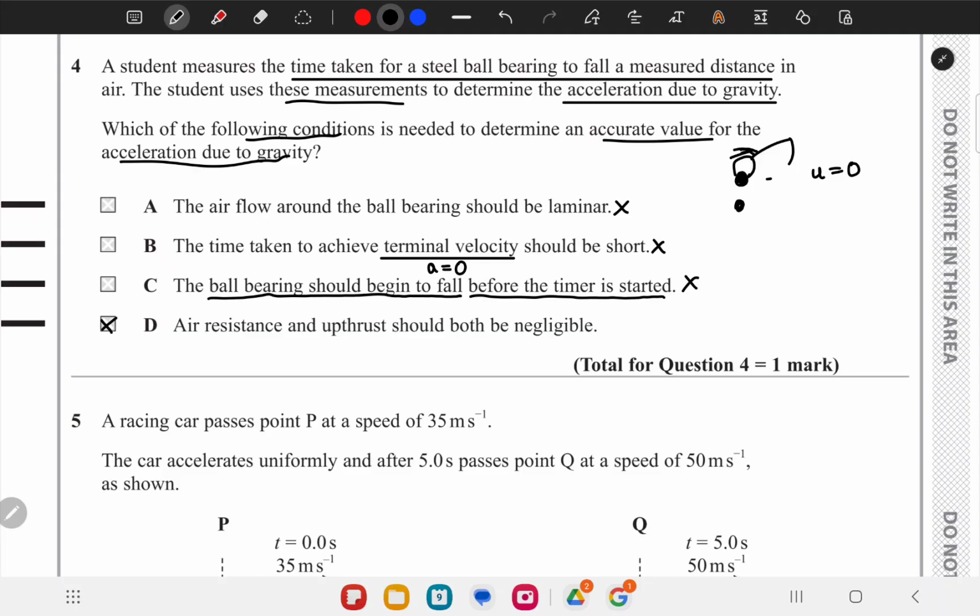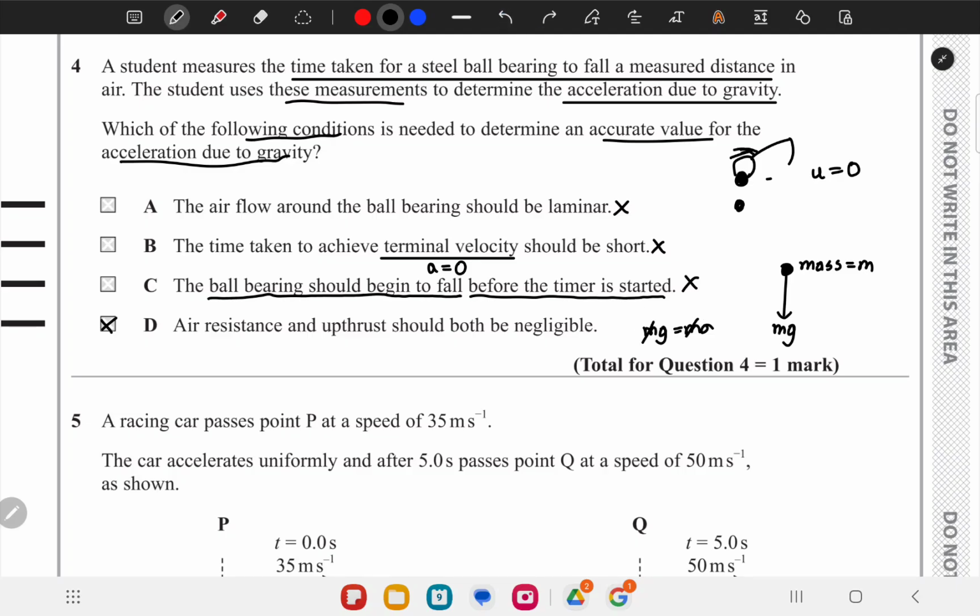If air resistance and upthrust are non-negligible, this has a mass m, its weight is mg. So from F equals ma, the force on this is mg. From here we find the acceleration will be equal to g.